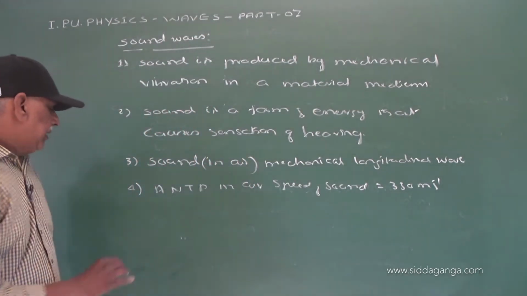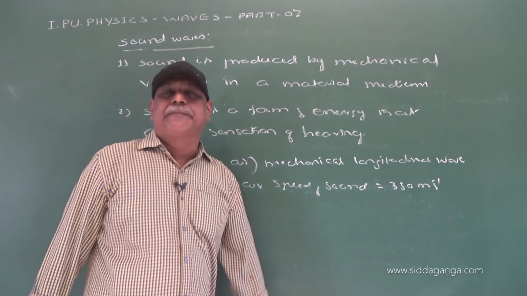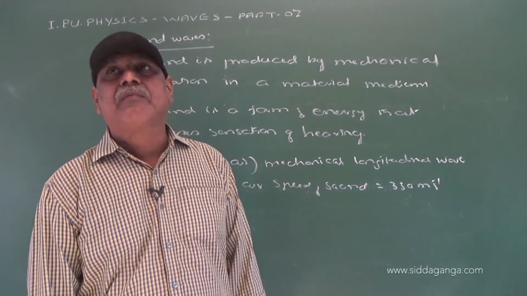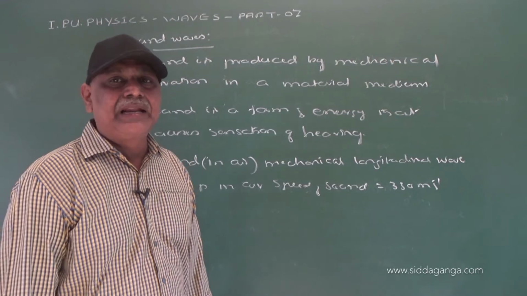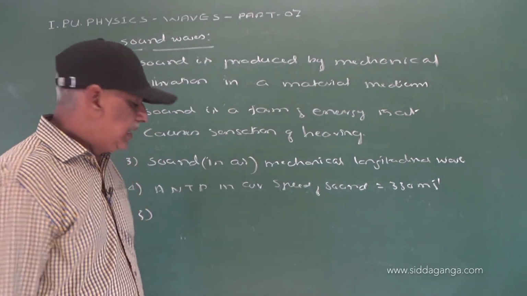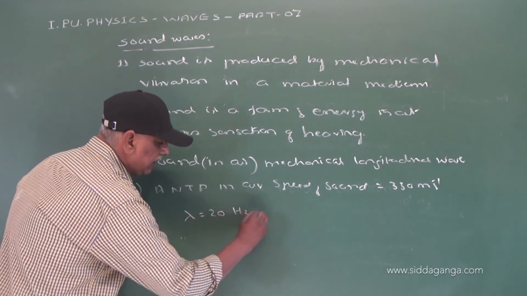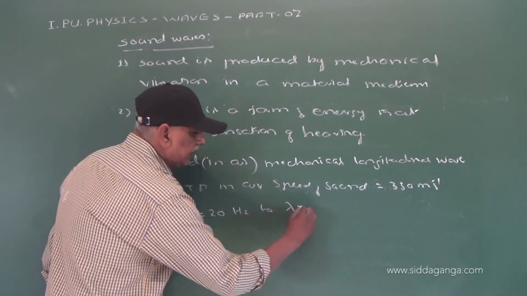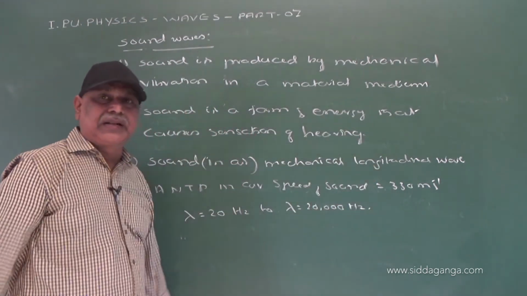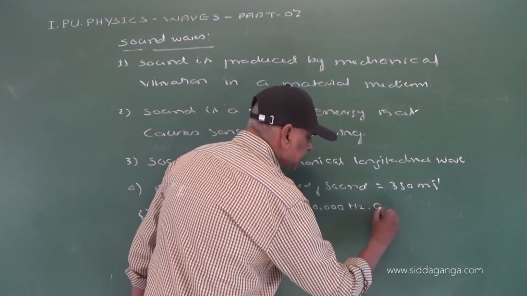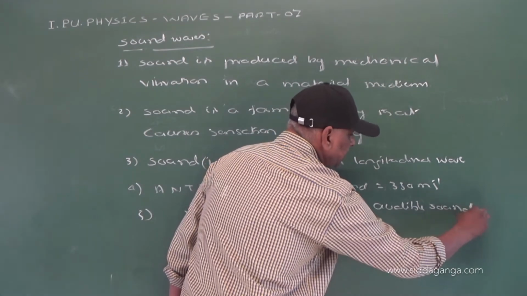And the fifth one, sound waves of all frequencies cannot be heard by the normal human ear. A normal human ear can hear only sound waves from 20 hertz to 20,000 hertz. These sounds are called audible sound.